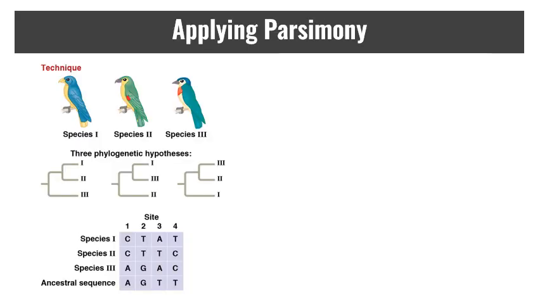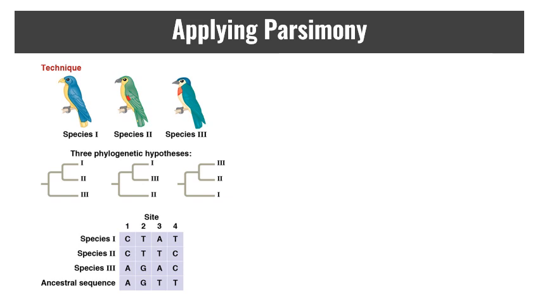Looking at the example on the left, you have 3 different species with 4 different known nucleic acid sites, and they have changed over time. There are 3 possible arrangements for this hypothesis in comparison to the ancestral sequence. So this bracketing approach can help you predict things like parsimony.